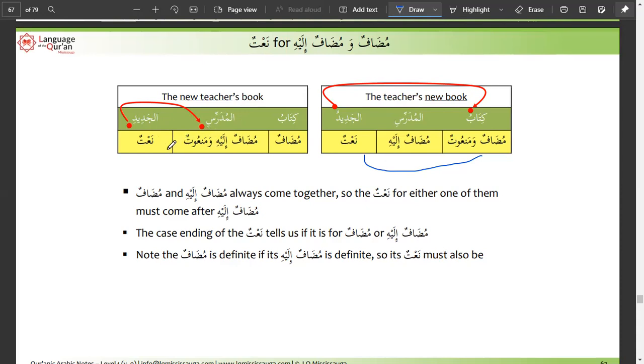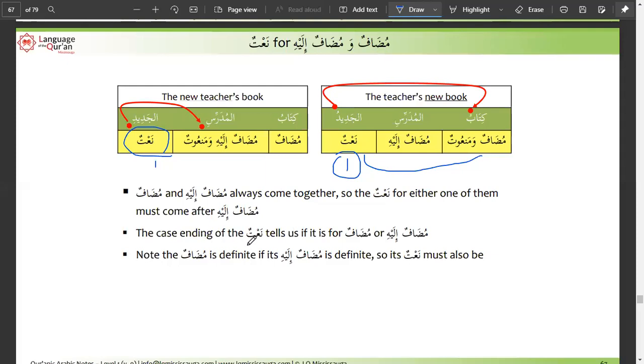So in both cases you see the naat is at the end, after the mudaf ilay. Whether the naat is for the mudaf or for the mudaf ilay, it will come after the mudaf ilay.